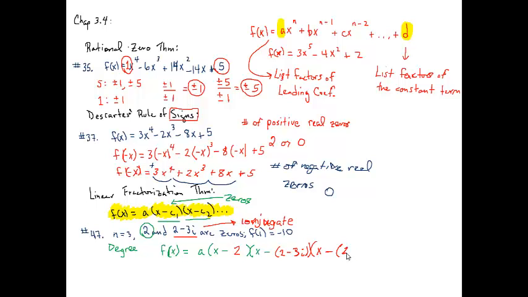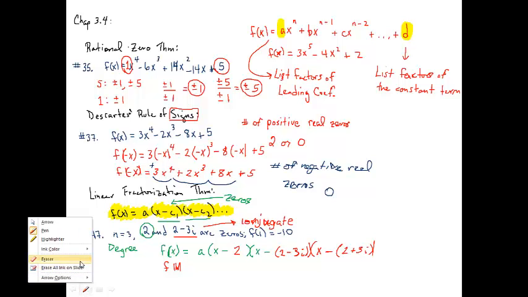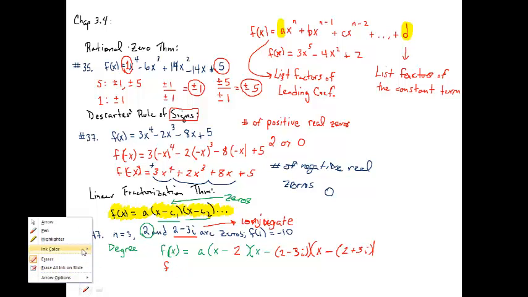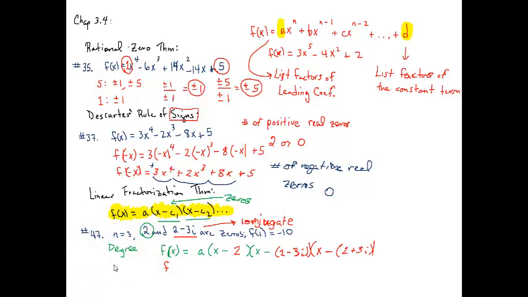So again, I need to use the parentheses. 2 plus 3i. Okay? So let's clean this up. So I have f of x equals, still a.